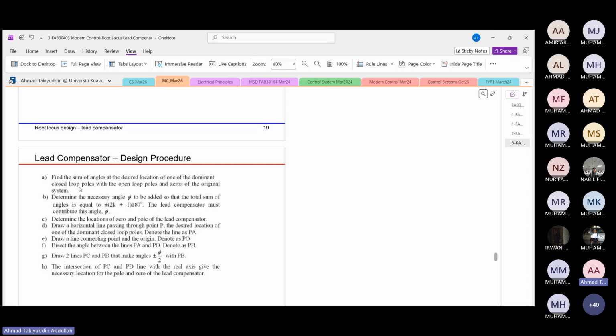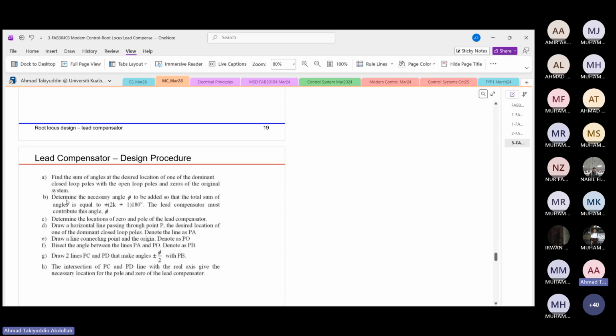As for the determination of these dominant closed loop poles, we are referring to the condition of zeta, the damping ratio, and we are going to have the system operate with a damping ratio of 0.5, and we already have the dominant closed loop poles.